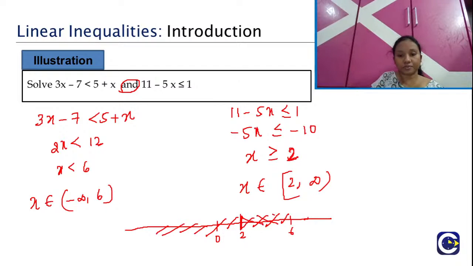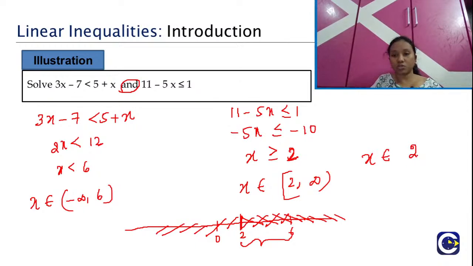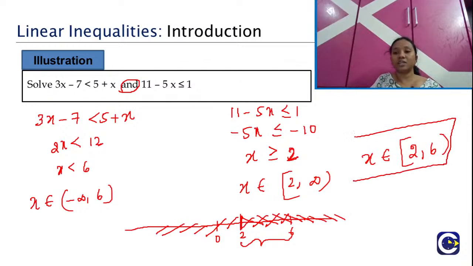If you observe the common intersection area which includes both of the solutions, it is from 2 to 6. So my final solution will be x belongs to 2 comma 6, where 2 is included and 6 is excluded. This is my intersection area and my final solution of the given two inequalities with the operator AND, that is x belongs to [2, 6).